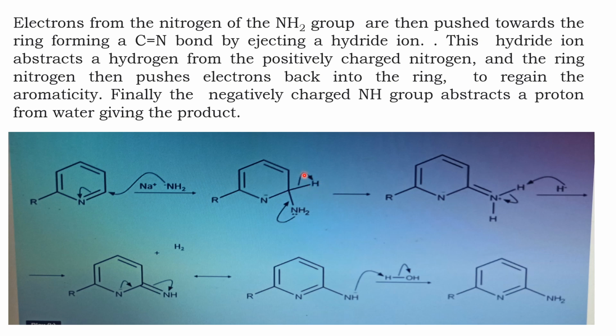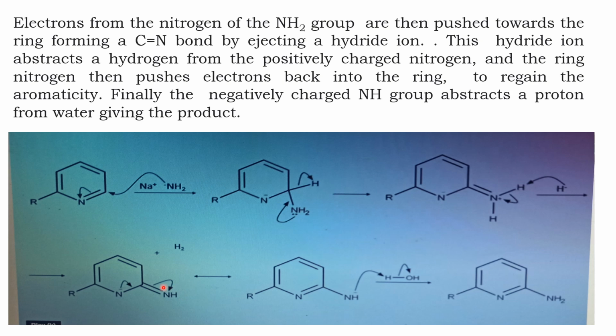This eliminated H minus ion abstracts hydrogen from the positively charged NH2 group. See, this NH2 group becomes positive, so that the H minus ion left from this ring abstracts the H plus ion of the ring. As a result, we get a carbon double bond NH.